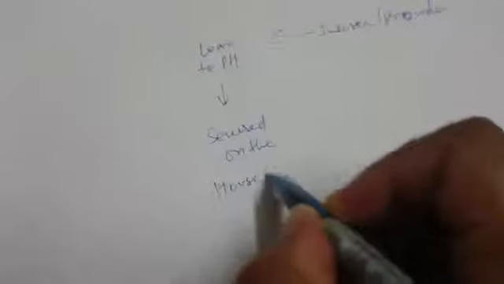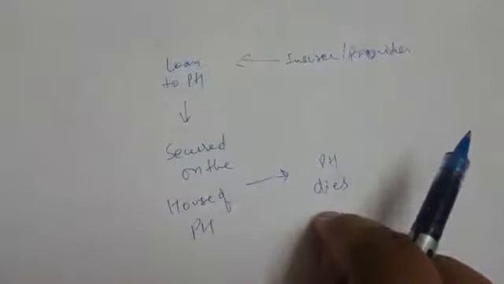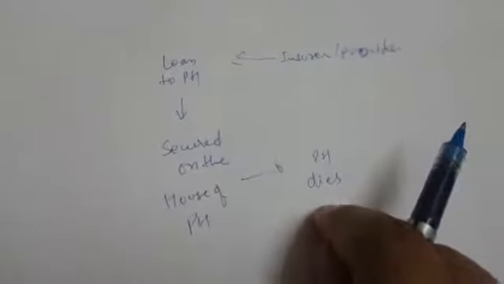Such a loan is secured on the house of the policyholder. This loan is repaid when the policyholder dies. So repayment of this loan is contingent on the death of the policyholder.